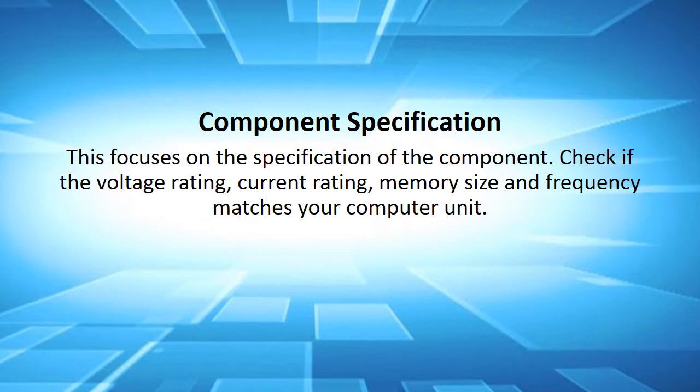So when we are going to replace parts of our computer, we need to check the voltage rating, and the current rating, which is talking about the electricity that will run onto your computer, and the memory size, like your memory and also the hard drive, and then the frequency, which will match your computer unit.